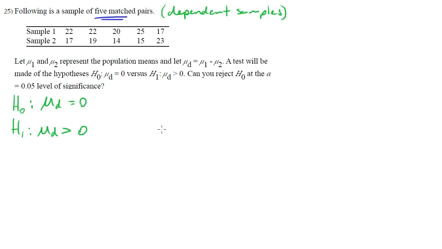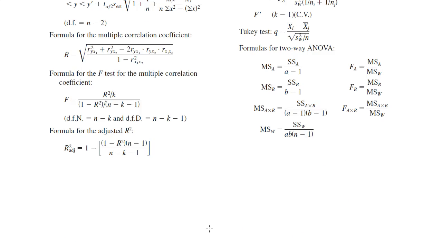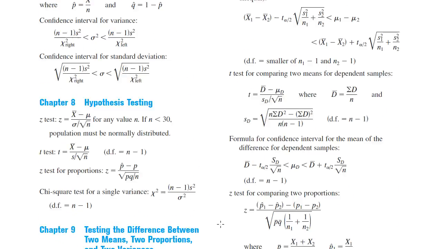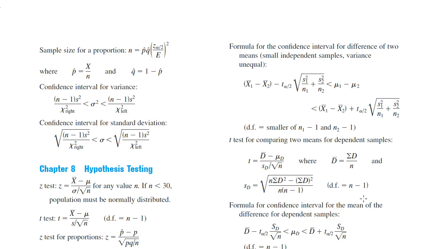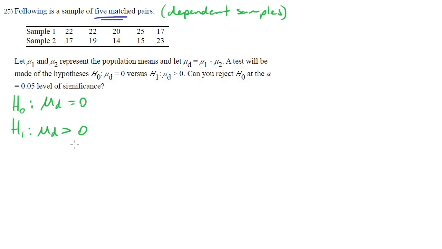Okay. And again, I want to find the degrees of freedom here. It tells us degrees of freedom n-1. There are 5 matched pairs, so 5 minus 1. Degrees of freedom is 4.